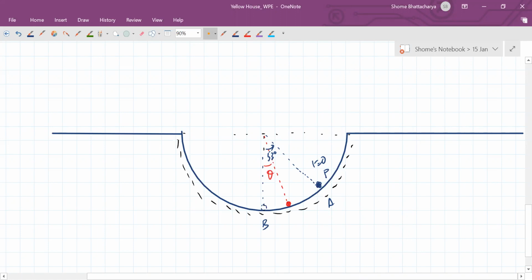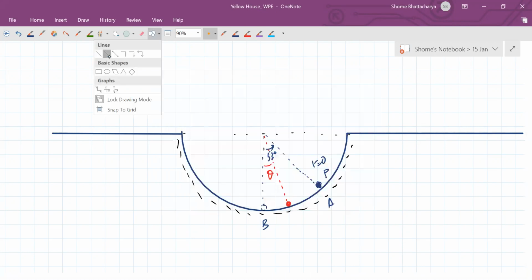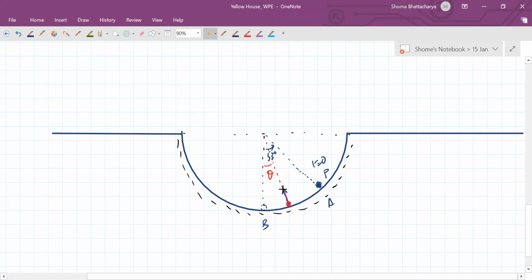So when the particle is here, if you look at the forces acting on it, there will be the normal reaction force, which is acting directly towards the center point, because it will act normal to the surface. So it will act such that it's directed towards the center of curvature. And then there is the gravitational force, or mg, which will act vertically downwards. So if you compare this with this other position, you can see that mg is not changing, but normal reaction keeps changing its direction and also changes its magnitude.